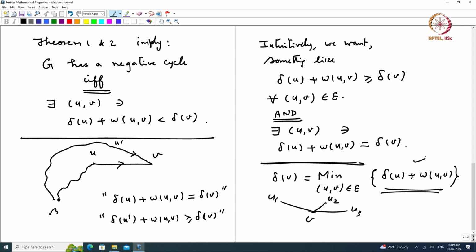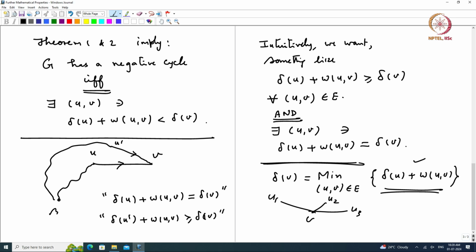For u1 calculate this, for u2 you calculate this, and for u3, for every incoming edge, assuming that I have the information related to the shortest path, the distance to the neighbors, then I can find the shortest weight of the shortest path to v, because it is just going to be the minimum. This is intuition, right. This is what ideally we would like to have.